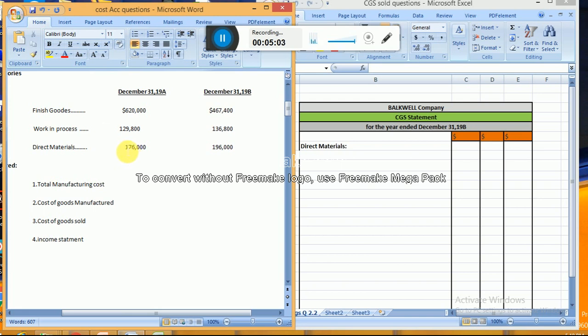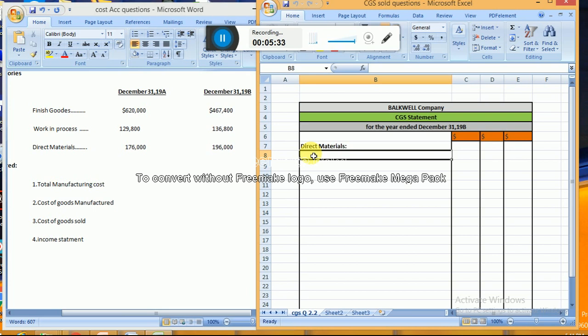The remaining material of 19A, the closing material, will become the beginning of 19B.